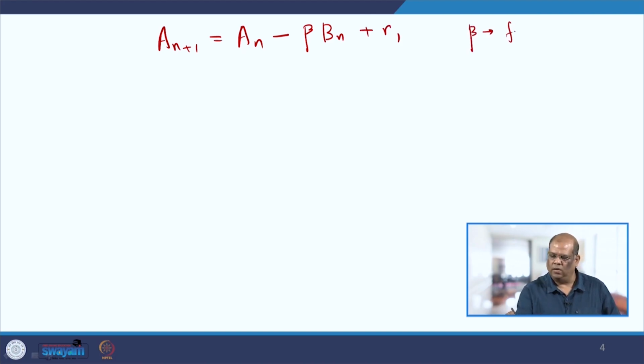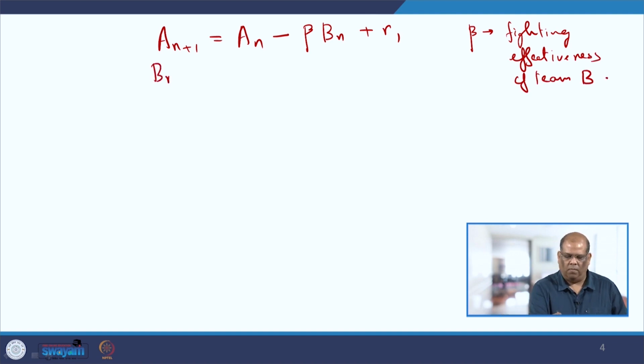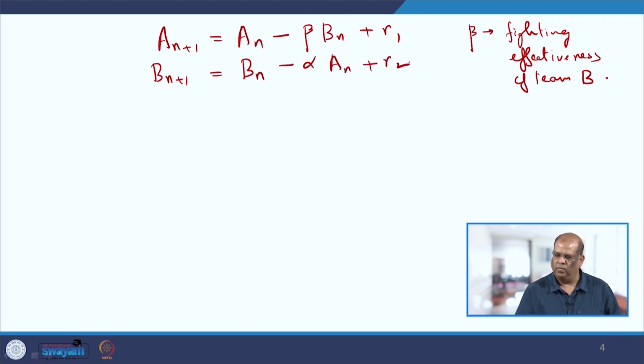This is the fighting effectiveness of team B. Similarly, B(n+1) is the number of soldiers at time n minus some alpha times A(n) plus R2. So, alpha is the fighting effectiveness of team A.